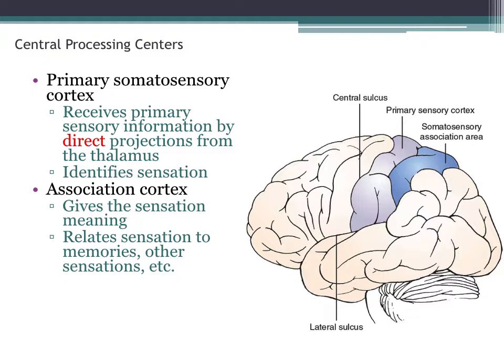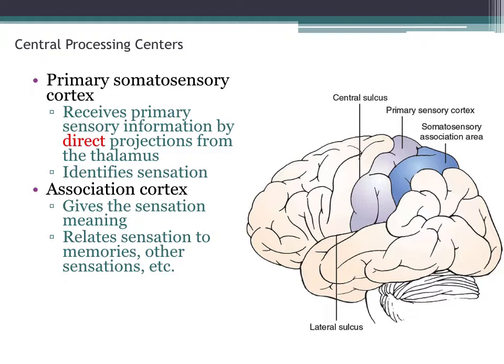Up to this point in time, when it falls into the thalamus, we have a sensation that something has happened, but we haven't actually been able to identify what that sensation actually is. That happens in the primary somatosensory cortex. And you can see on this particular picture that that is this sort of lavender colored area in the brain.